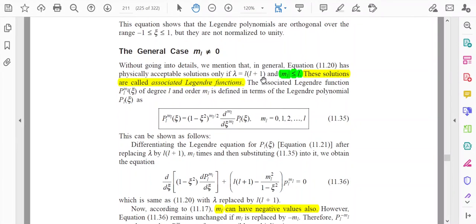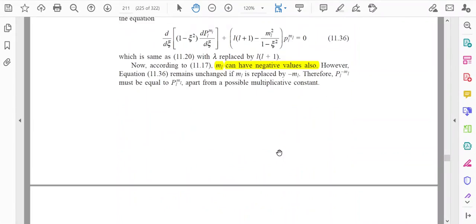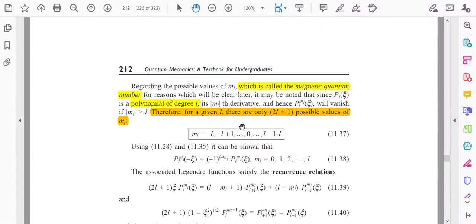So combining these two results, the values of ml will be 0, plus minus 1, plus minus 2, but mod of ml less than or equal to L. Then we can say that for a given L there are 2L plus 1 possible values of ml. That means ml is equal to minus L, minus L plus 1, and so on up to L. So these are the possible values of the magnetic quantum number ml.